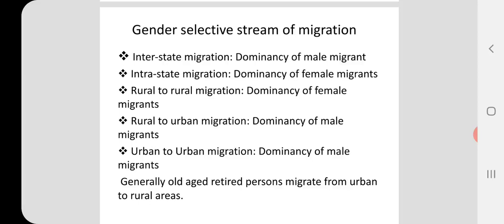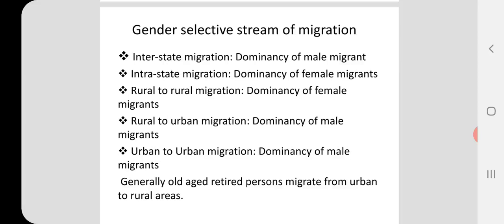That means migration inside a particular state. So, intrastate migration is dominated by female migrants. It may be for marriage purposes. Mainly the cause of the dominance of female migrants in intrastate migration is marriage. After marriage, females go to other places inside the state.